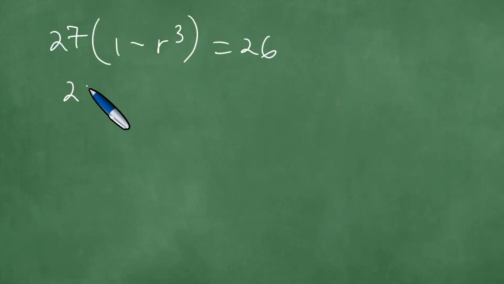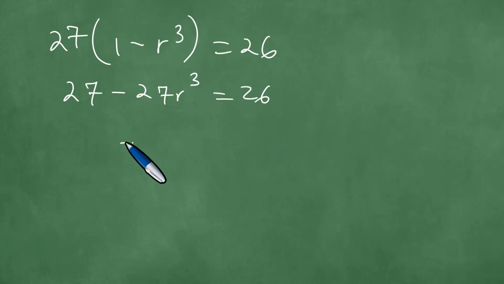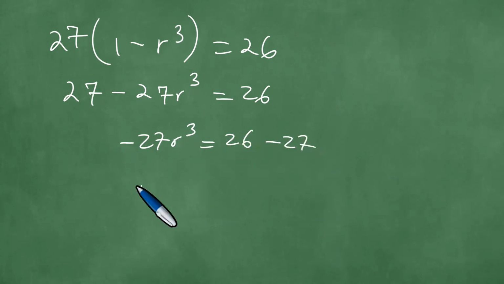You can distribute and have 27 minus 27 R cubed equals 26. Minus 27 R cubed equals 26 minus 27. What is 26 minus 27? It's minus 1.